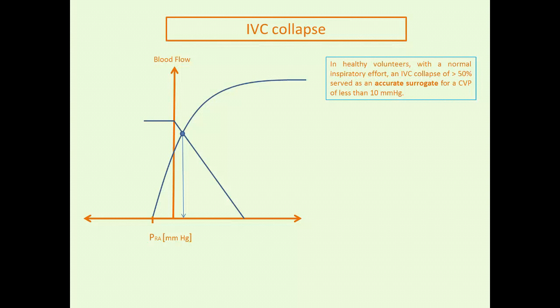So I think maybe 20 years ago, in a study of healthy volunteers, they looked at IVC collapse and correlated it with CVP. What they found was that a greater collapse was an accurate surrogate for a CVP of less than 10 millimeters of mercury. So in this patient, they've got a right atrial pressure of less than 10 millimeters of mercury.